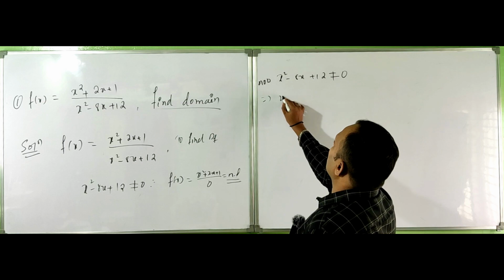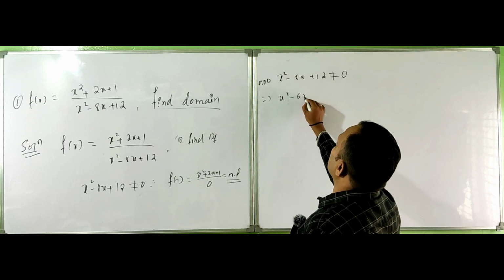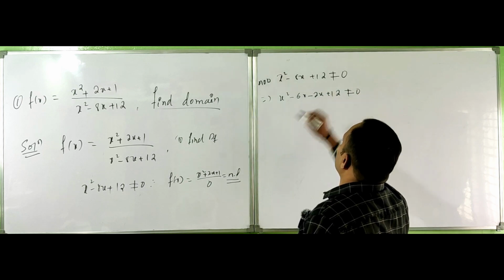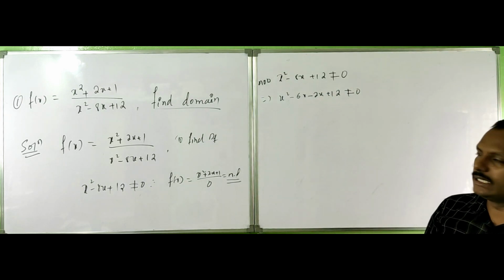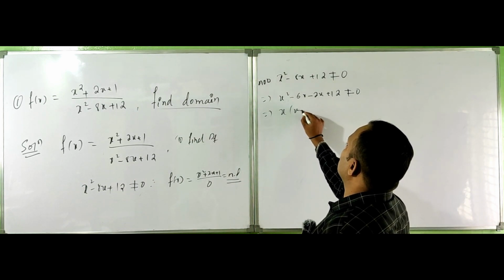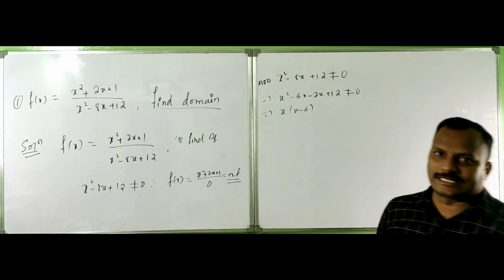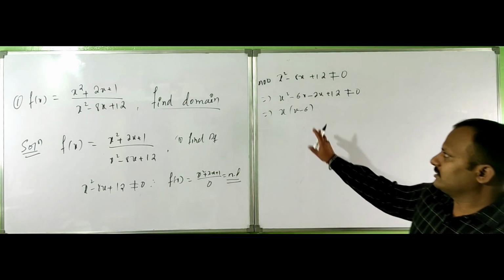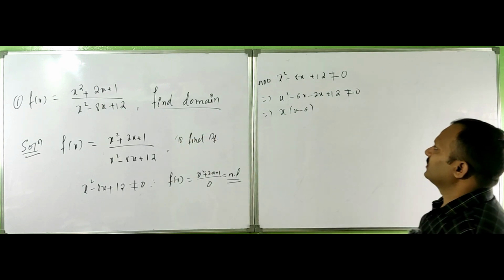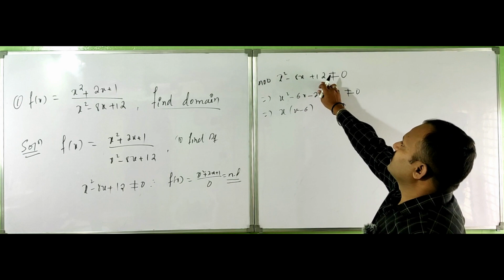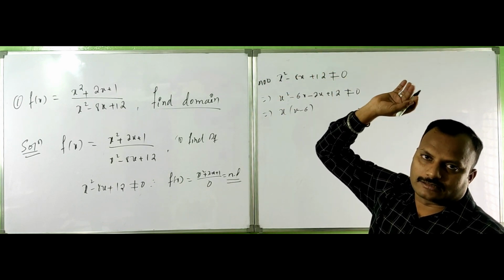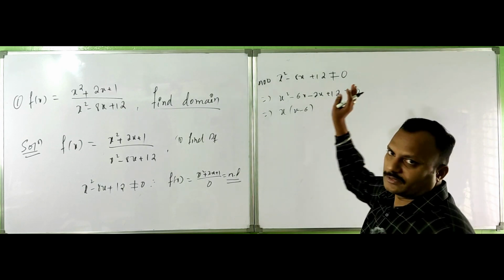This implies we can write it as x square minus 6x minus 2x plus 12 not equal to 0, splitting the middle term, right? You are second PUC students, right? This is a ninth class subject, I think, ninth syllabus. These are factors of 12 and 8. Here minus is there, so you should take minus 2 and minus 6 as factors and write the answer: x minus 6 into x minus 2.